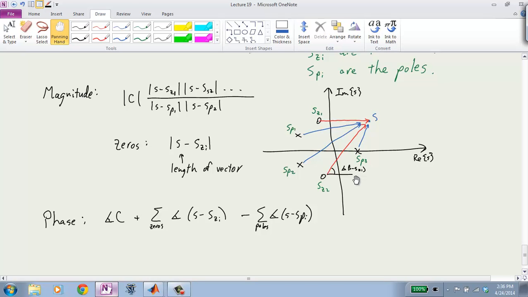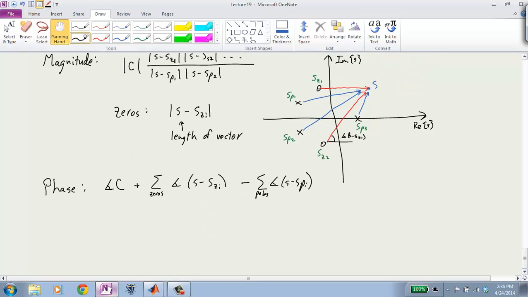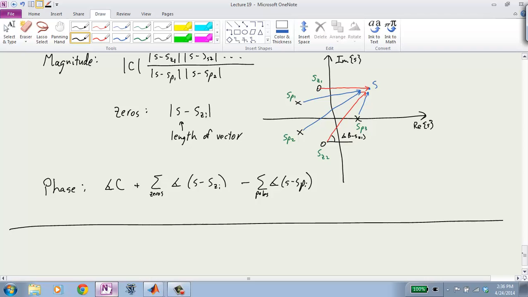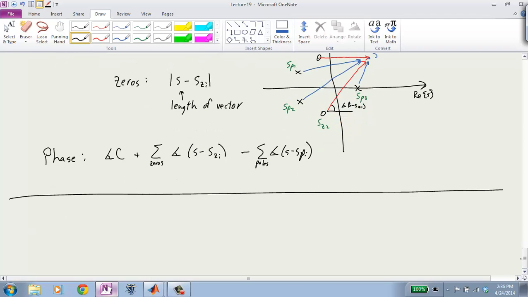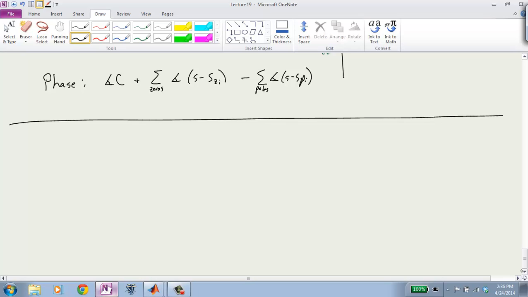Okay, so we have this idea of poles and zeros. We have something else very nice with poles and zeros that makes this whole business with the Laplace transform actually quite easy. So once you get used to these little rules, everything we do with the Laplace transform is actually pretty easy.